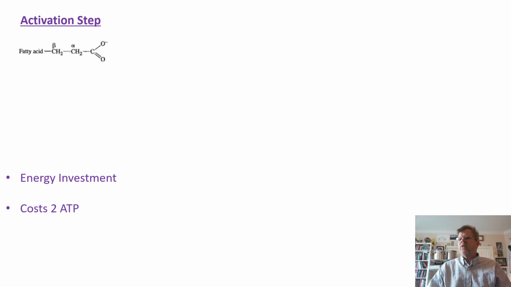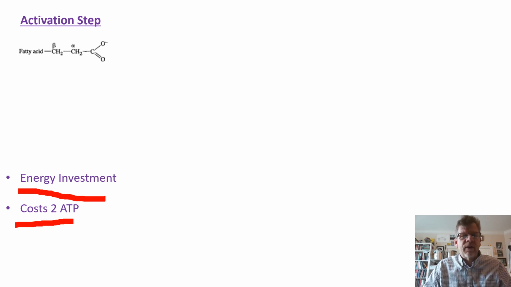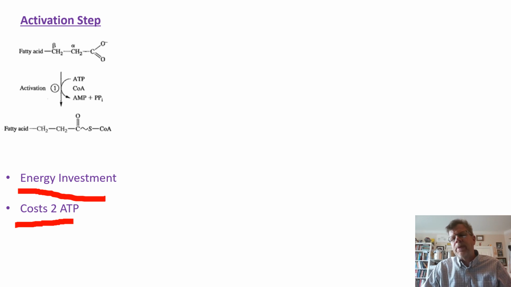Similar with beta oxidation, we have this activation step. This activation step costs ATP. It is an energy investment, and it costs the equivalent, as we'll see, of 2 ATP. So that first step, that activation step, sets up our fatty acid in order to prepare it for beta oxidation.